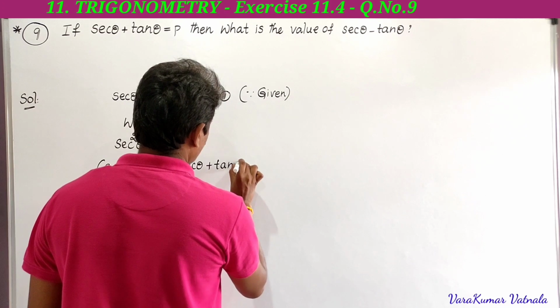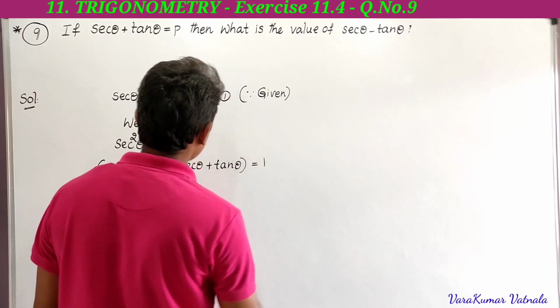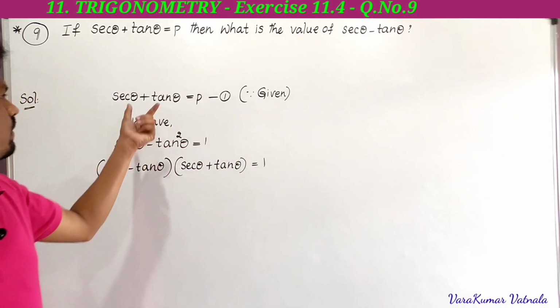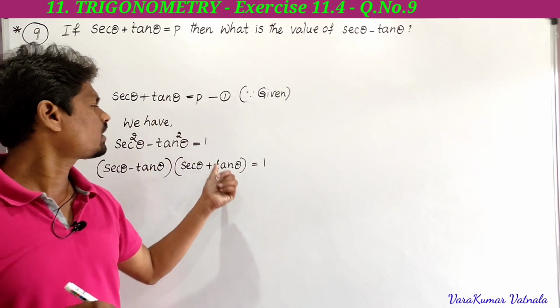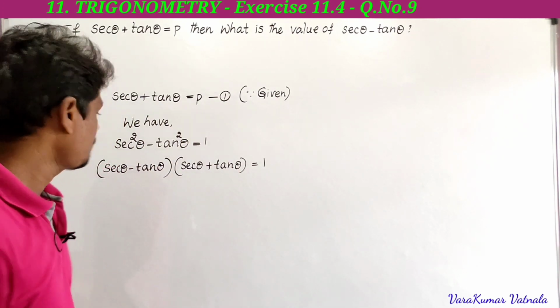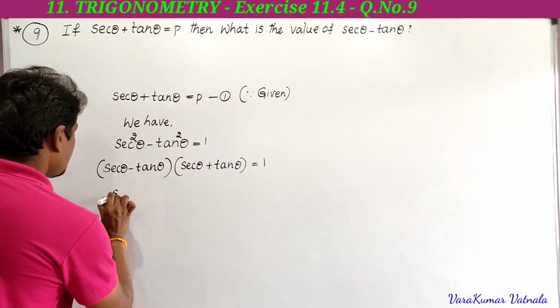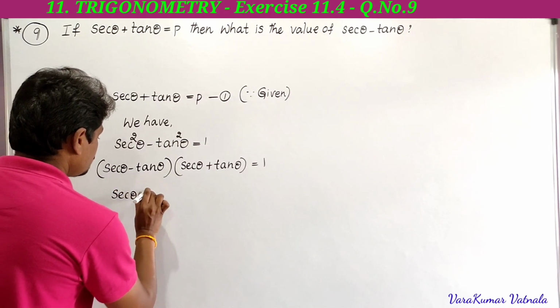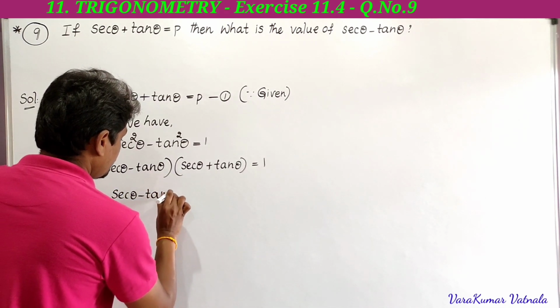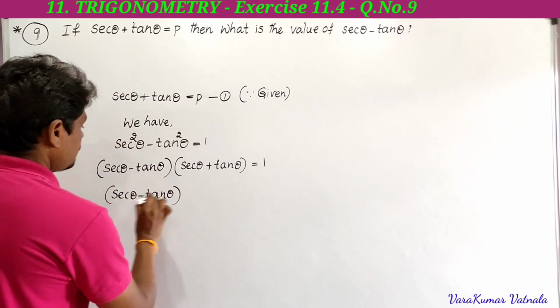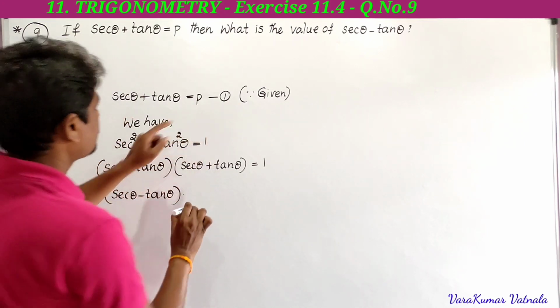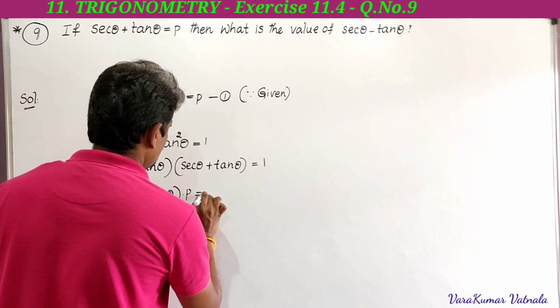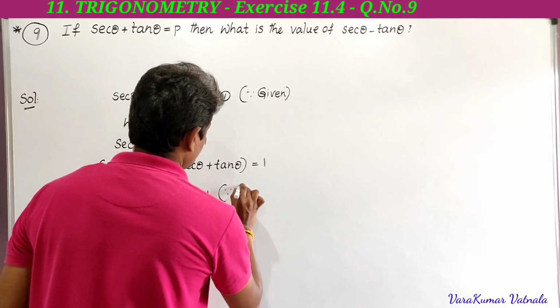Secant theta minus tan theta into secant theta plus tan theta is equal to 1. But from equation 1 we have secant theta plus tan theta equal to P. So write secant theta minus tan theta as usual, but instead of secant theta plus tan theta I am writing P, is equal to 1, since from equation 1.